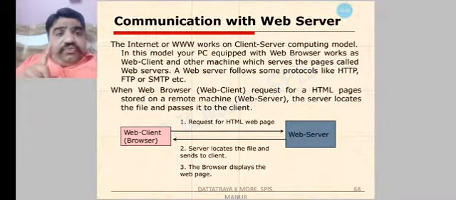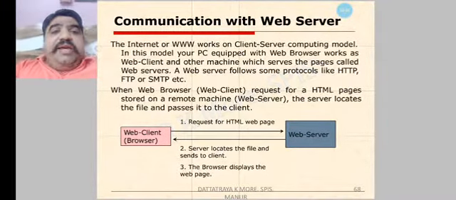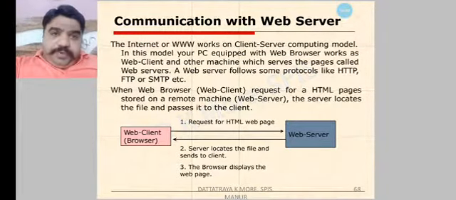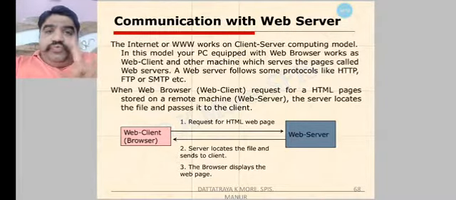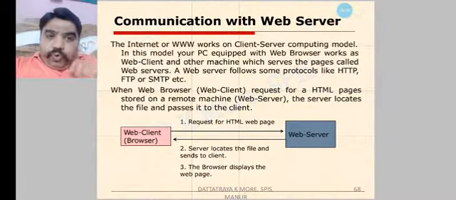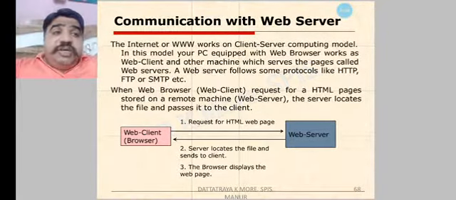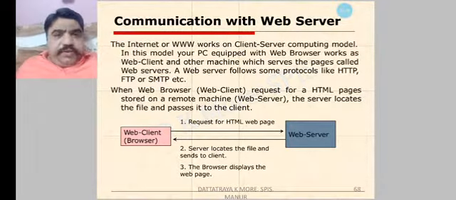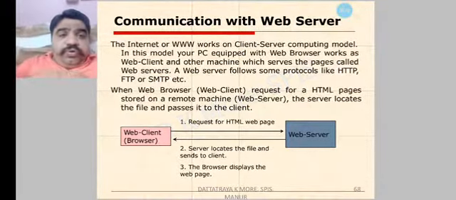A web server follows some protocols like HTTP, FTP or SMTP. HTTP, Hypertext Transfer Protocol, FTP, File Transfer Protocol, then SMTP, Simple Mail Transfer Protocol. When a web client requests an HTML page stored on a remote machine, the web server handles it.